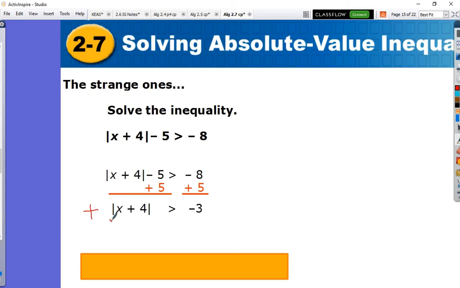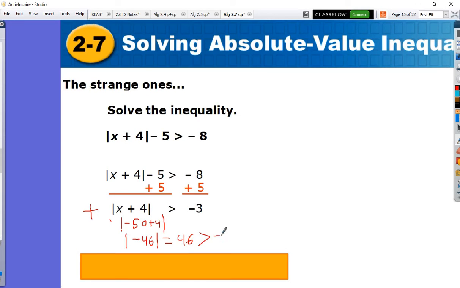Let's say you just try a random number. Let's say you want x to be negative 50. If you did negative 50 plus 4 in absolute value, that would come out to the absolute value of negative 46, and the absolute value of negative 46 is positive 46.